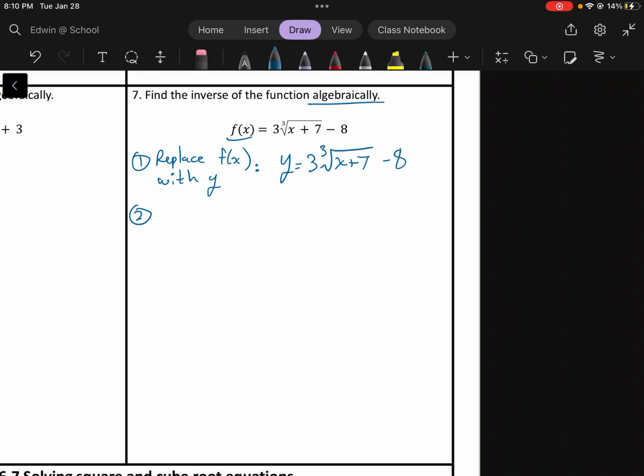Step 2 is going to be to swap x and y. The way that we swap is very intuitive. It's just those x's and y's switching positions. And finally, we are going to solve for y. That is step 3.